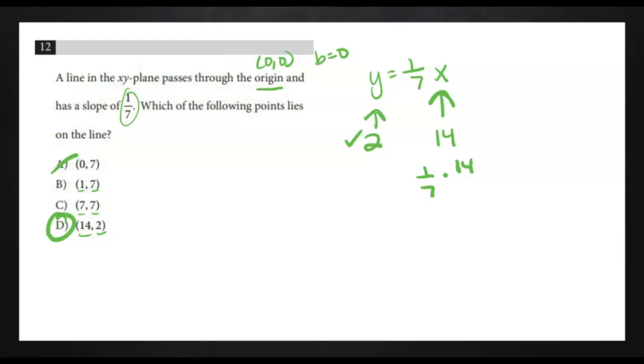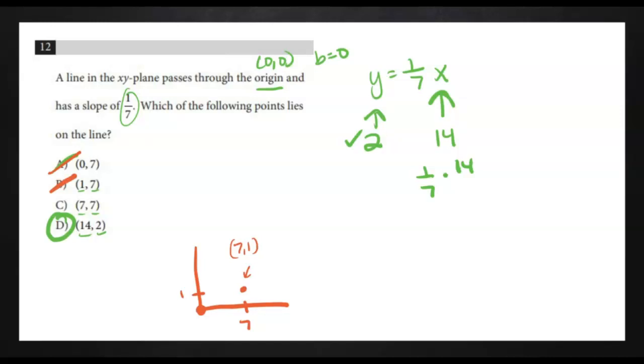If you were absolutely stuck and you had no idea what to do, you could make a little sketch. So I know I pass through the origin, and I have a slope of 1/7. So I go up 1, and I'm going to just approximate, and then over 7. So you could have eliminated A. This point is actually (7, 1), not (1, 7), so I can eliminate B. Okay.